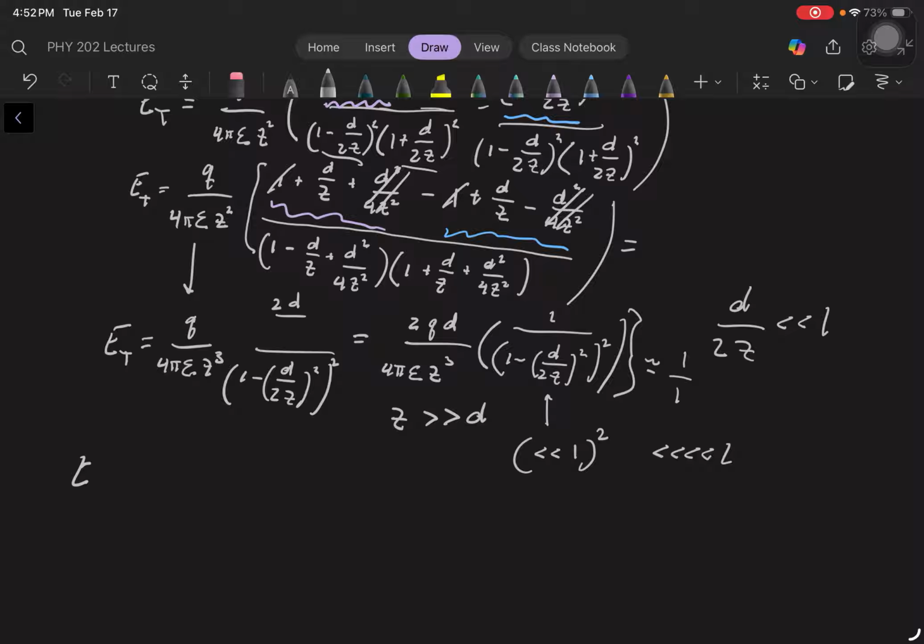And we get the electric field from a dipole is roughly equal to, we have the 2 and the 4, so QD over 2 pi epsilon naught Z cubed.